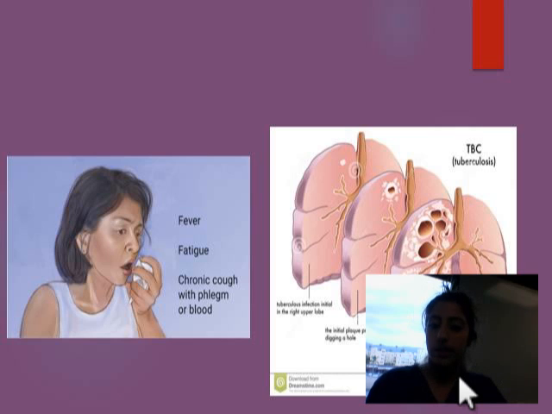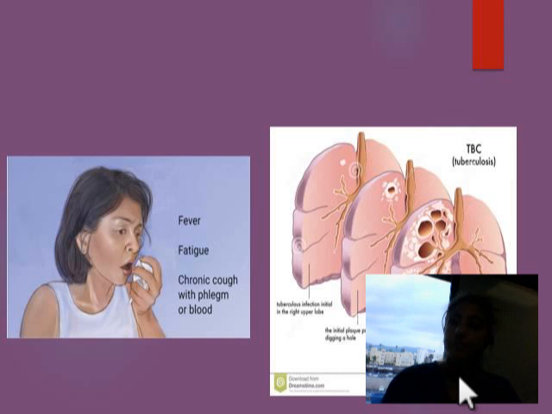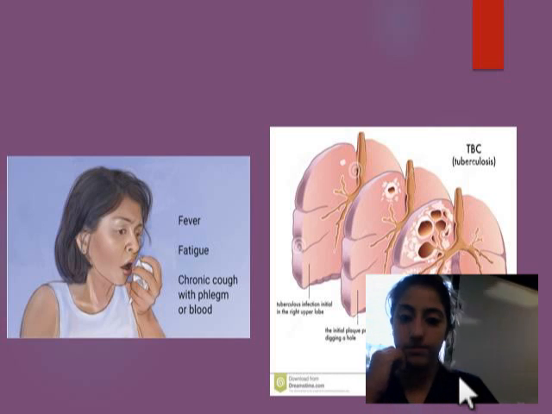So this is an example of what the TB in the upper portion of your lung looks like and how it'll deteriorate your lung. And these are just symptoms. And I remind you guys that we're talking about feverish. It is never high fever. It is feverish. Usually pulmonary infection would be related to the feverish.